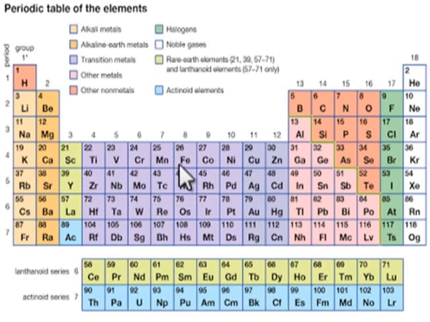Now down here you can see another group of elements. These are called the inner transition elements, and they include the first line, the lanthanides, while the second line is called the actinides. So this is how the elements are arranged in the periodic table.